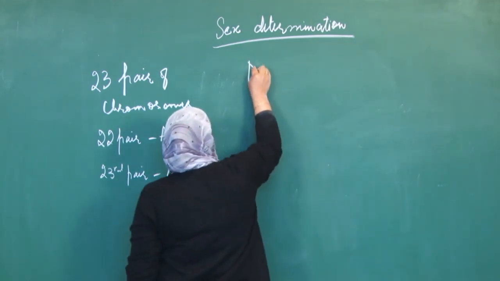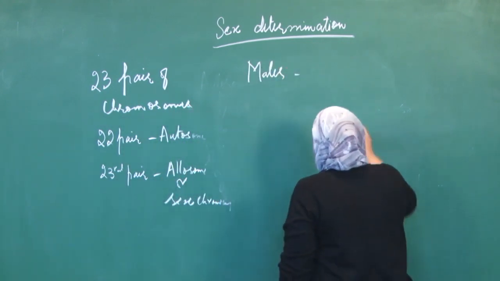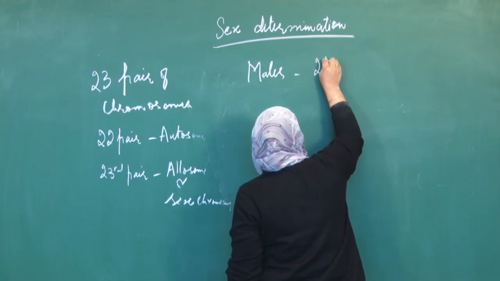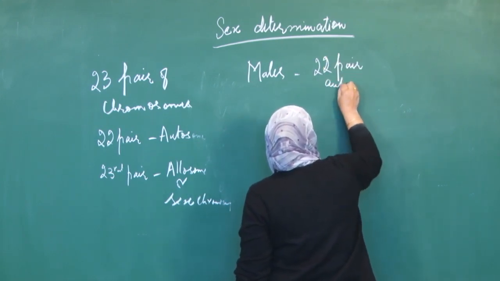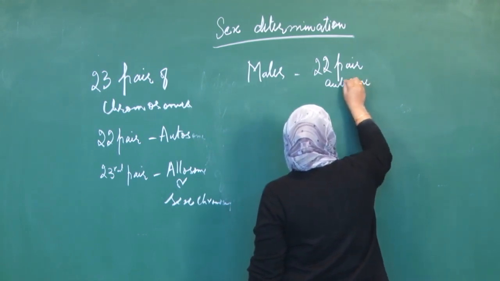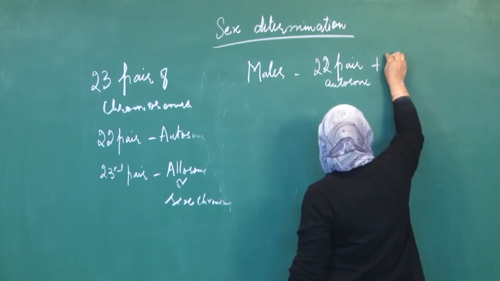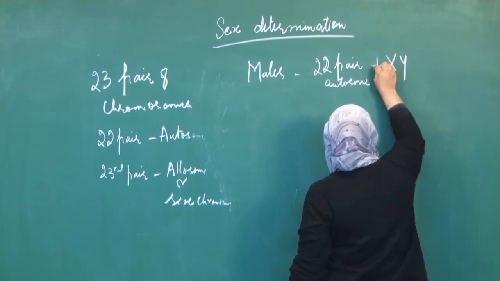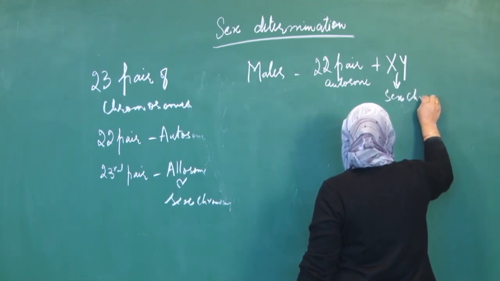The males have 22 pairs of autosomes plus the 23rd pair XY, which is called the sex chromosome.